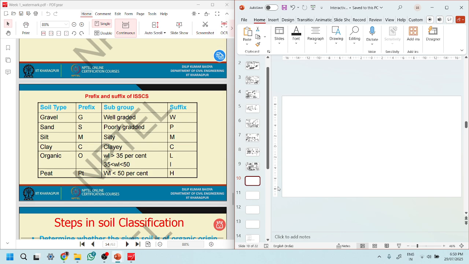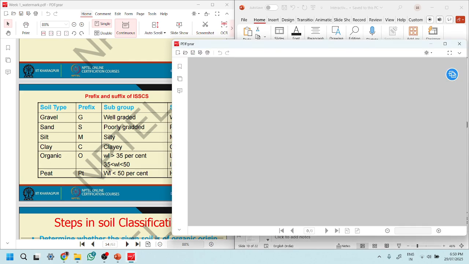I will have to check. Let's do one thing, I have some sources we can check, because I have used a number of books. The structure will come normally when you apply a force like compaction and other things. They have given flocculated or less flocculated or dispersed, single grain, whatever may be.